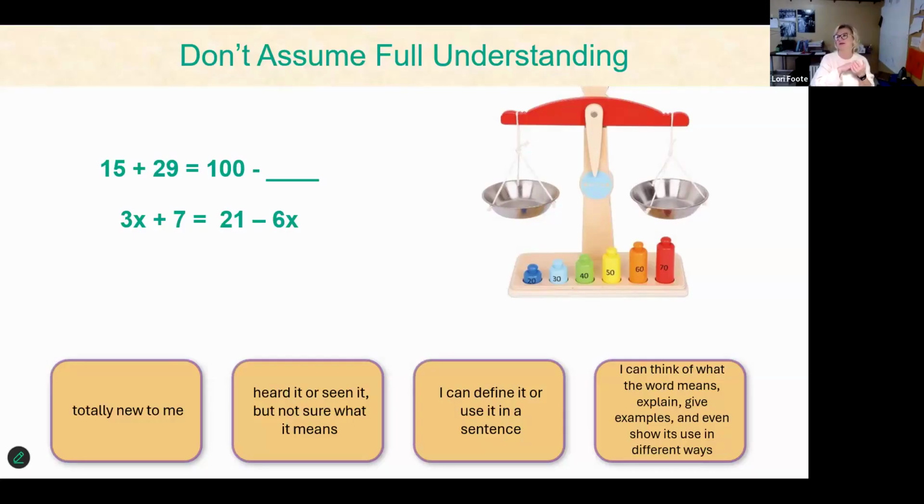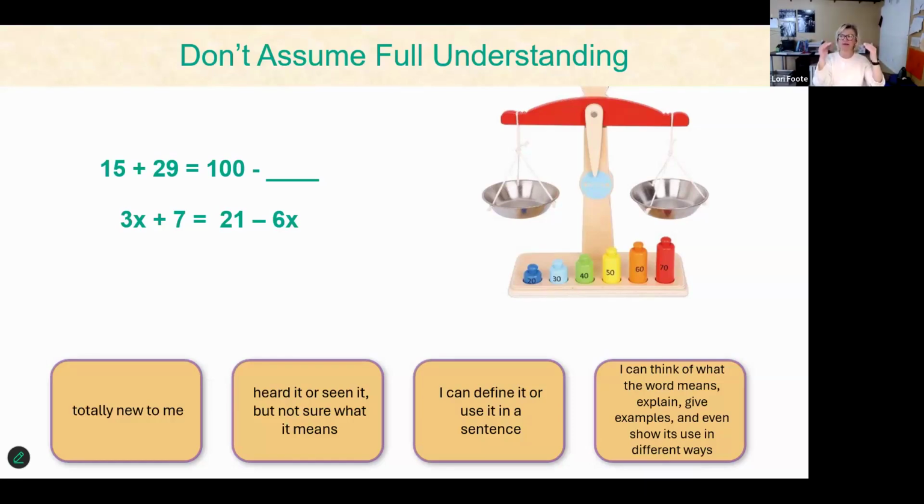It helps students avoid common errors I saw in the grade I taught. For example, if it was 15 plus 29 equals blank plus 100, they would just fill in that blank with whatever was on the other side of the equation and ignore the rest of it. But both sides of the equation are really important.